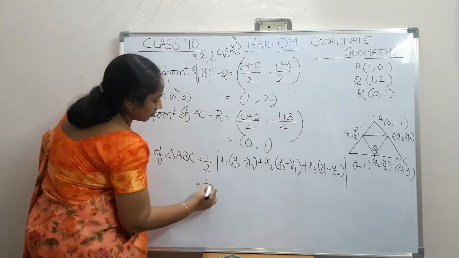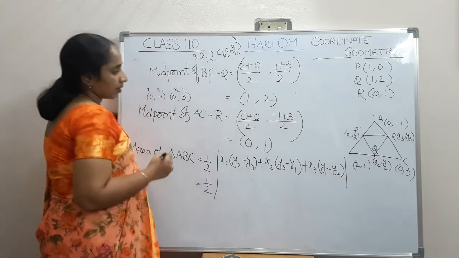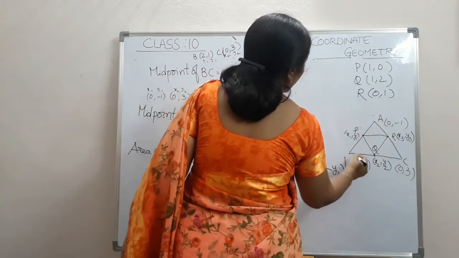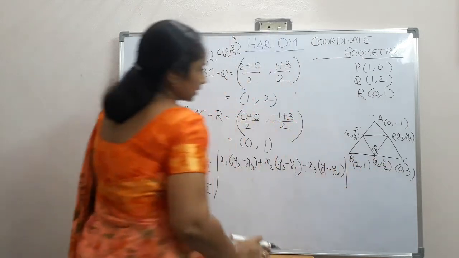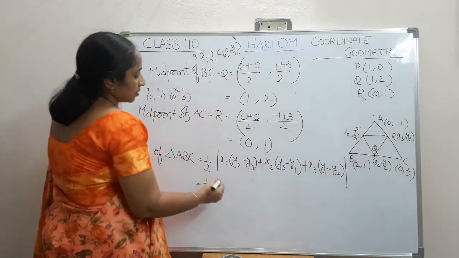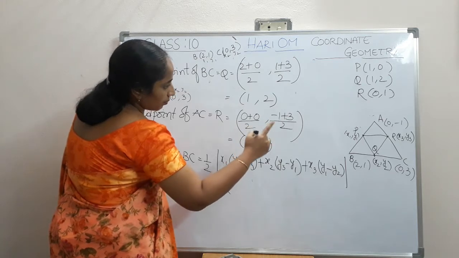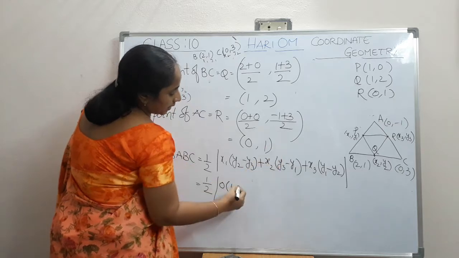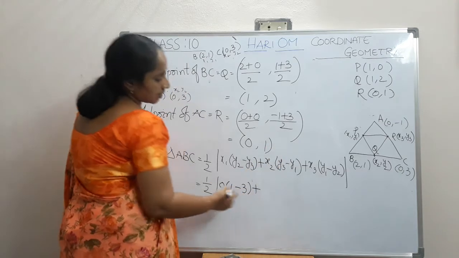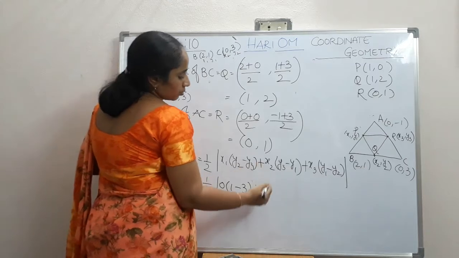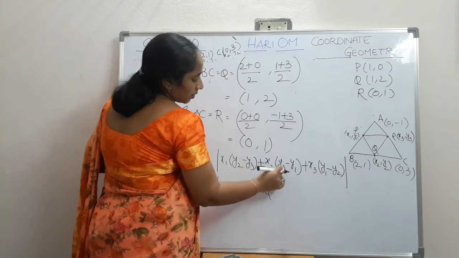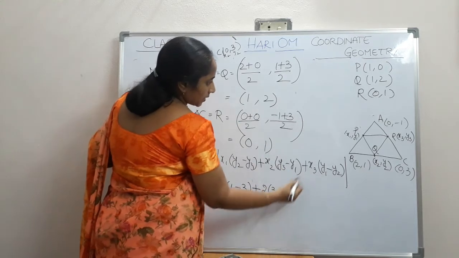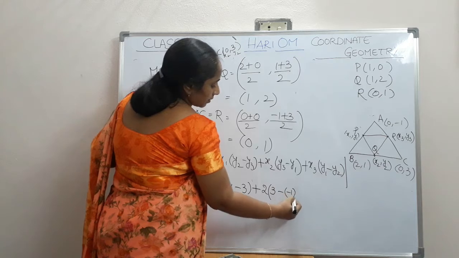Now this is x1 y1, x2 y2, x3 y3: x1 is 0, y2 minus y3 is 1 minus 3, plus x2 is 2, y3 is 3 minus y1 which is minus 1.